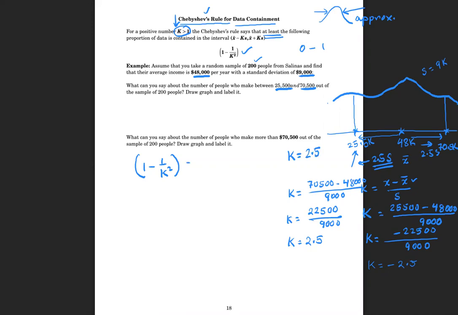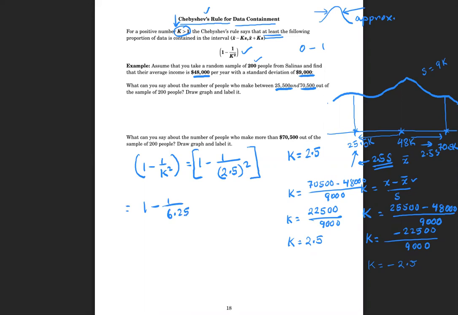So now this is going to be 1 minus 1 over 2.5 squared, which is 1 minus 1 over 6.25.